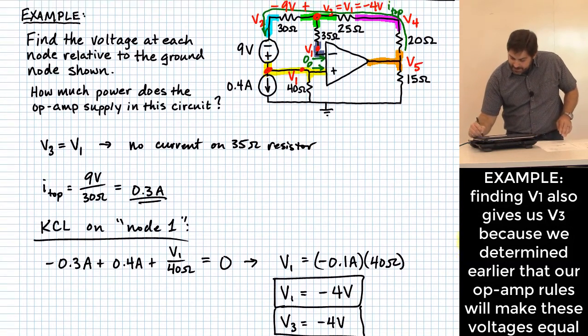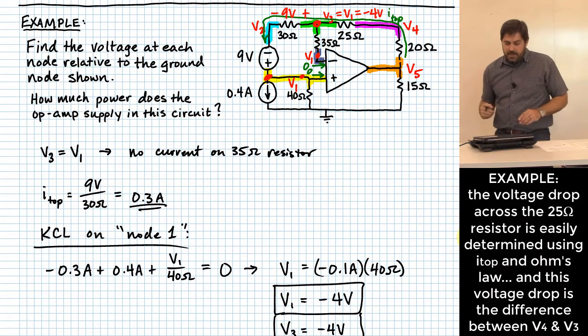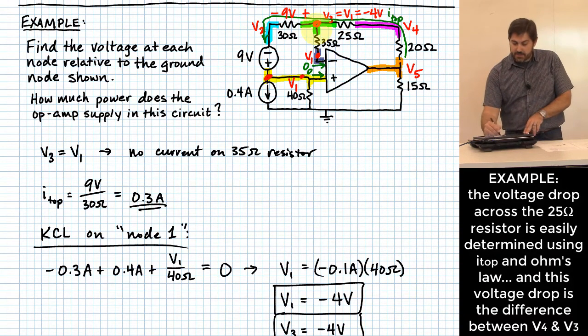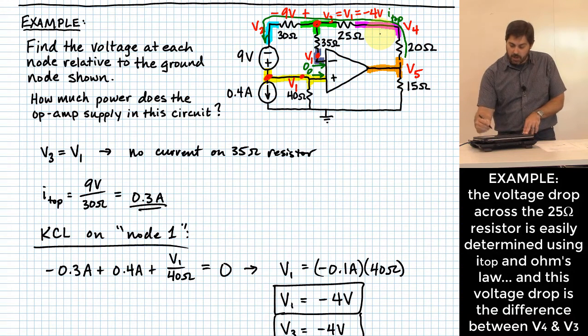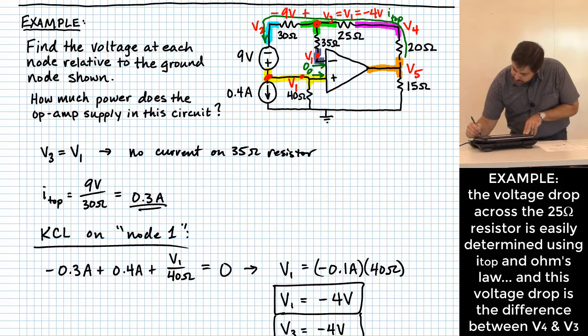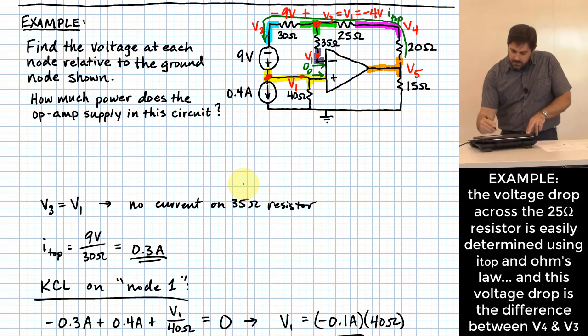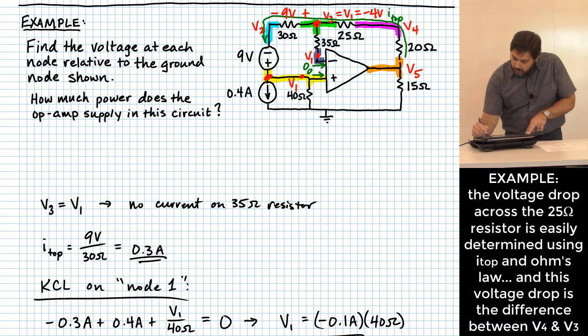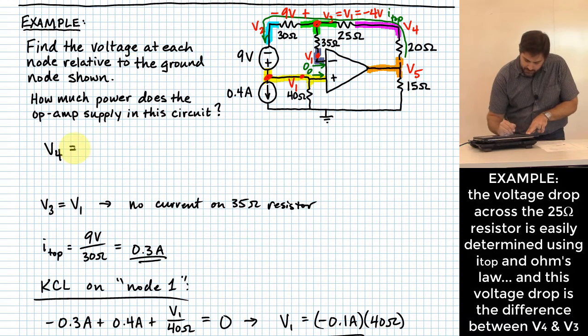Okay? And that's really handy because I can look at some of the relationships in this circuit and just use Ohm's law to figure out some of the other voltages. For instance, let me scooch some of this down here. Can I figure out V4? How do I figure out V4?